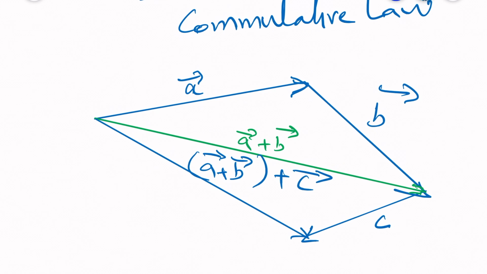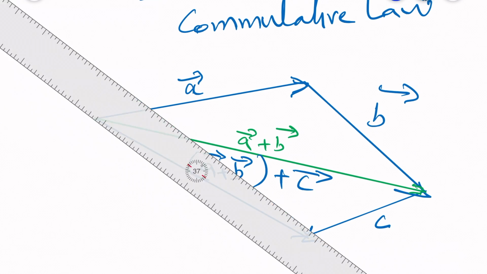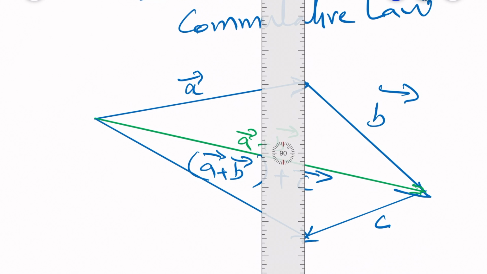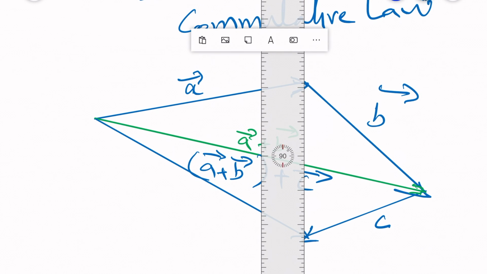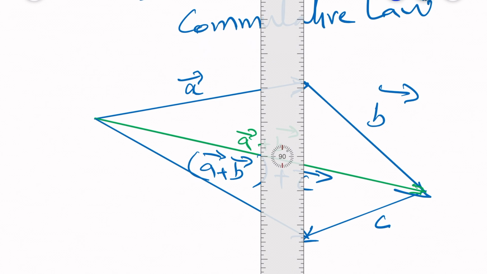But now let's say we want to do it the other way around. We want to first add B plus C. Vectors B and C are head to tail already, so let's add them.